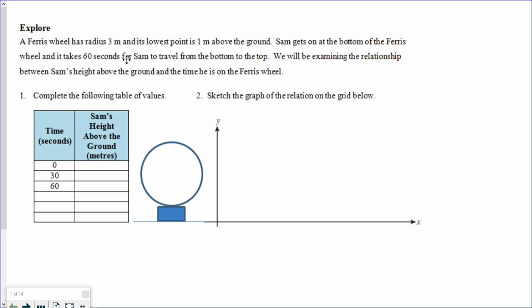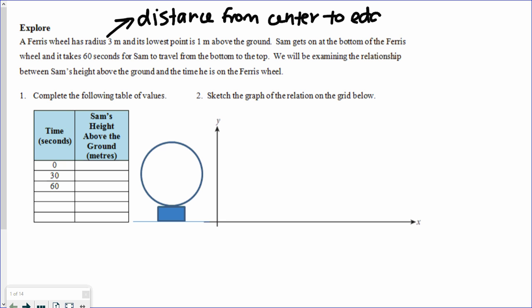So it says a Ferris wheel has a radius of 3 meters. So again, when we're talking about something that's circular, the radius is the distance from the center to an edge, and that is 3 meters.